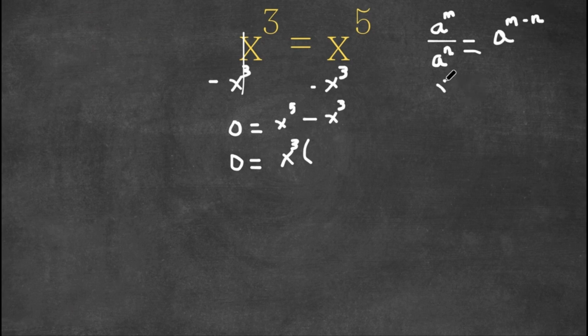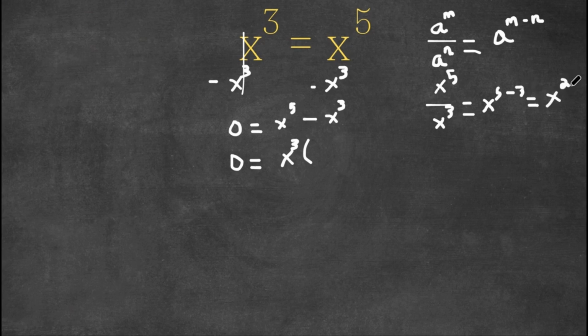So x to the power of 5 divided by x to the power of 3 is equal to x to the power of 5 minus 3, and 5 minus 3 is 2, so this is equal to x squared.